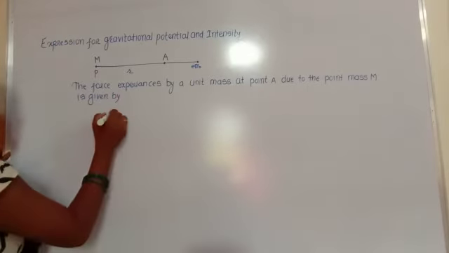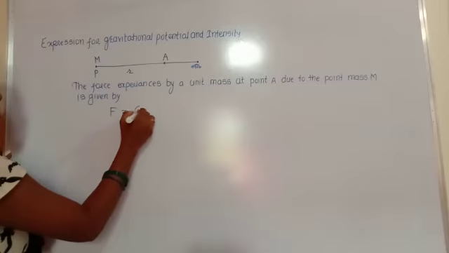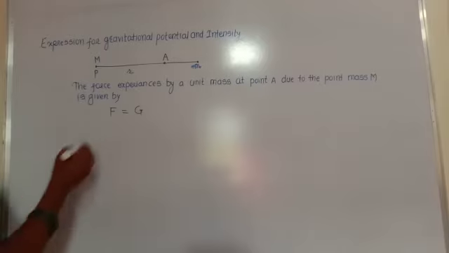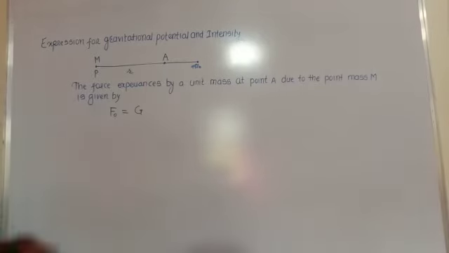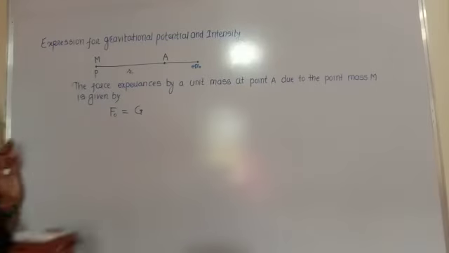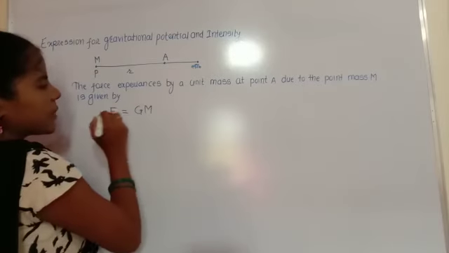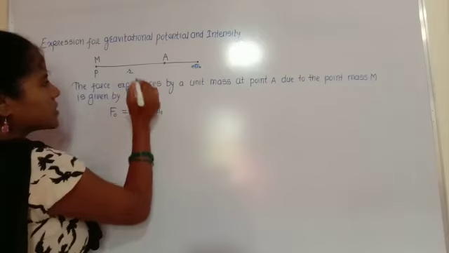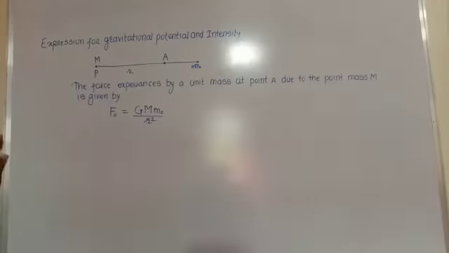According to the formula, we have F is equal to G. This is the force experienced by the unit mass, for that we write here F0. So F0 is equal to G, point mass M, and the unit mass divided by the distance between these two, r square.